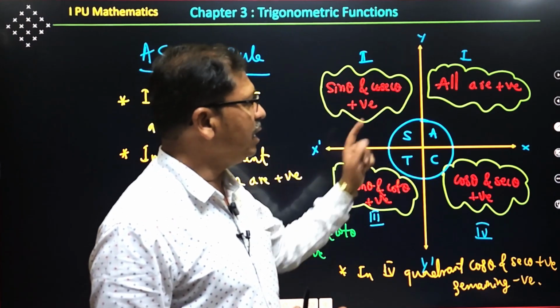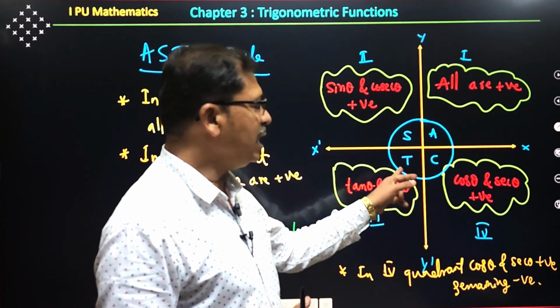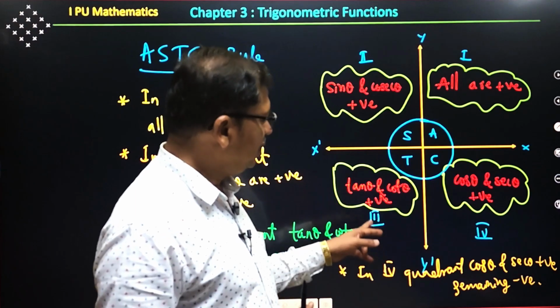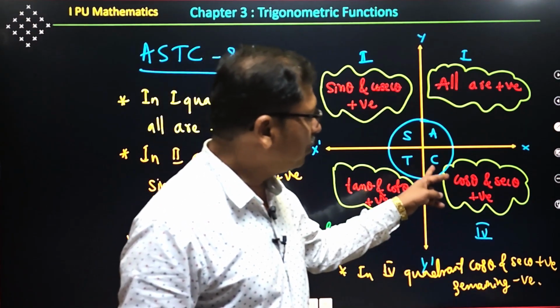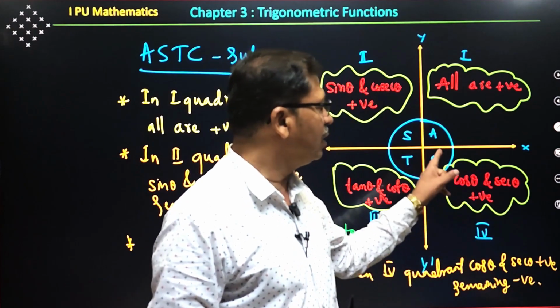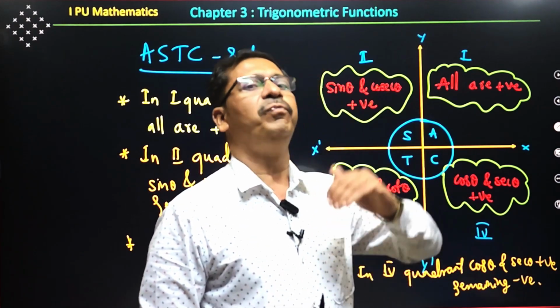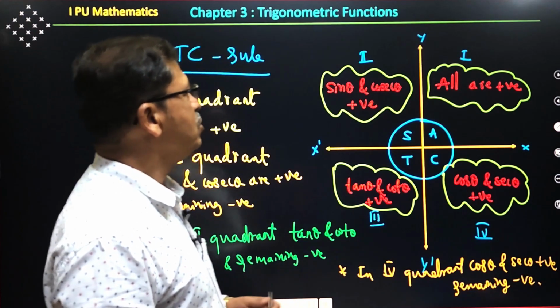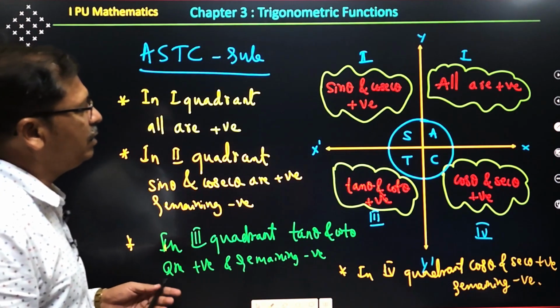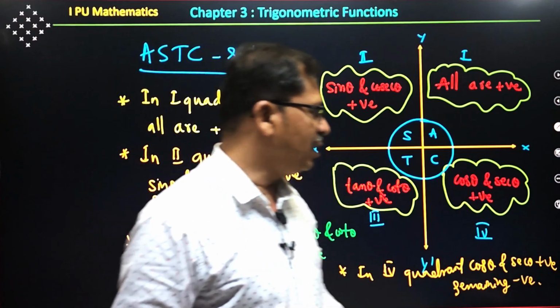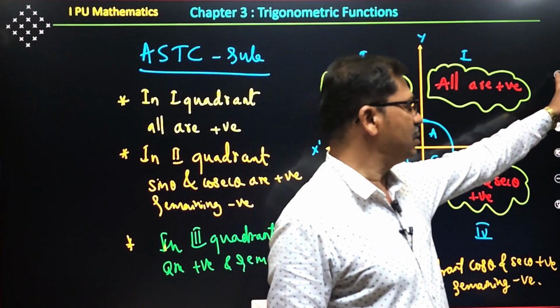T stands for tan and cot both. In the third quadrant, tan and cot positive, remaining negative. And in the fourth quadrant, cos and sec positive, remaining are negative. So this is the idea regarding the ASTC rule or the sign convention of trigonometric functions.